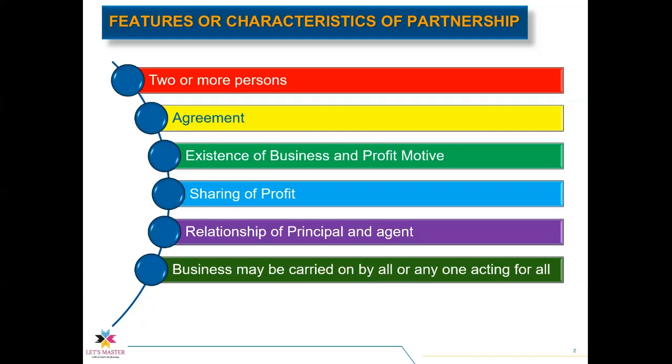But depending on the requirements of the business, and as per the agreement among the partners, all the partners may take active participation, or one partner may be acting on behalf of all the partners and taking active participation in managing the day-to-day activities of the business.